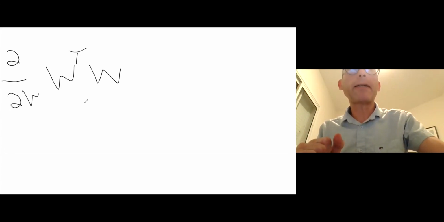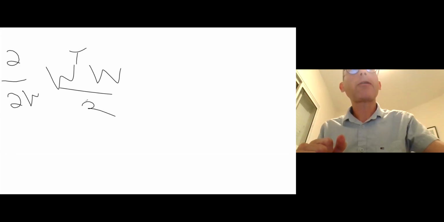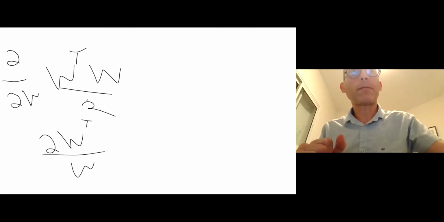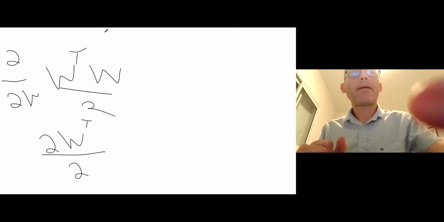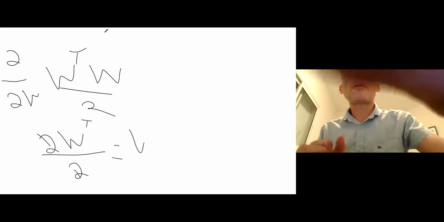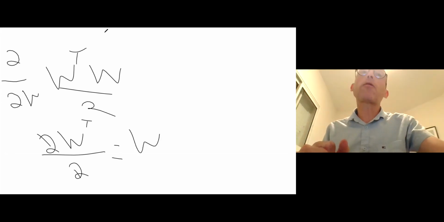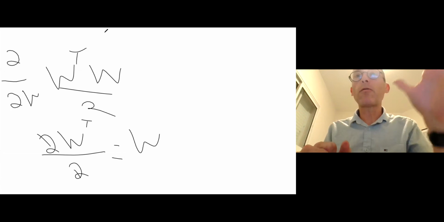So it's 2W over 2. So the derivative of W transpose W over 2 is W.